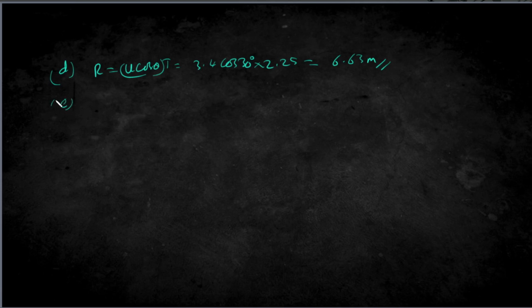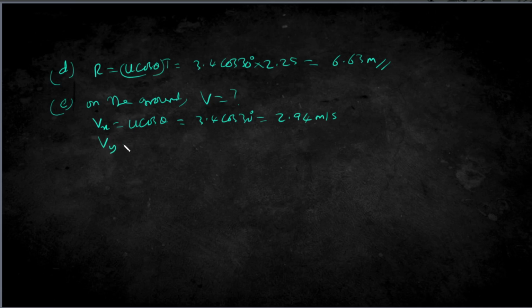Then lastly, we want to find, on the ground, what is the value of v? Okay, so now follow the same way. Vx is going to be u cos theta, which is 3.4 cos of 30 degrees. If you do that, you are going to get 2.94 meter per second.